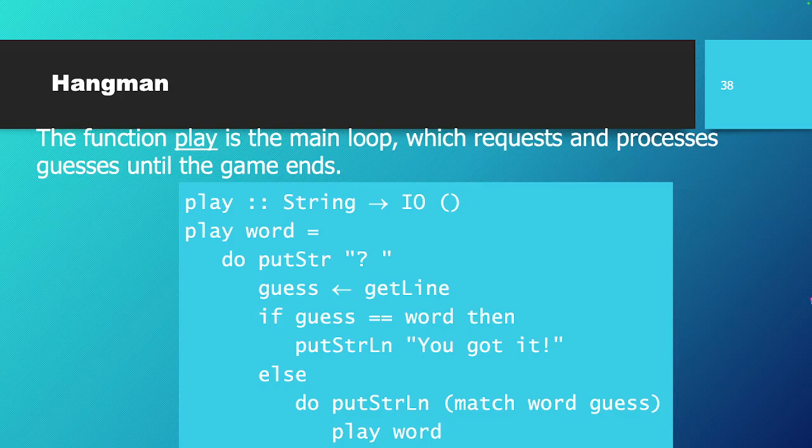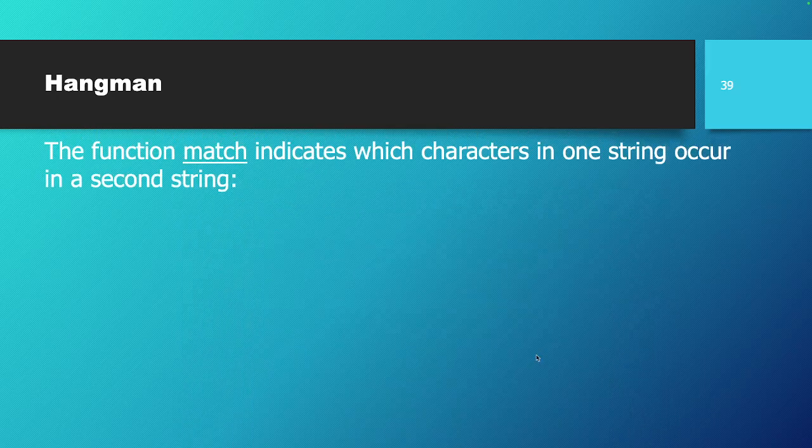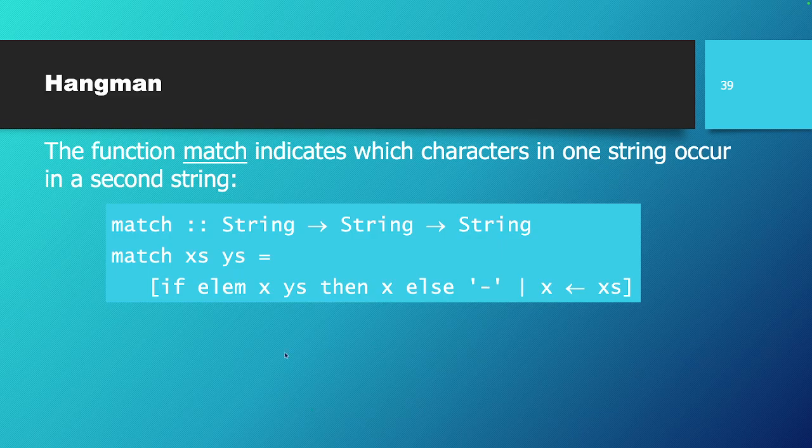See the way the match is called. Remember this. So this is the word you're looking for, and this is the guess. The word you've just typed in as your guess. So, okay. So this is the word you're looking for, and this is your guess.